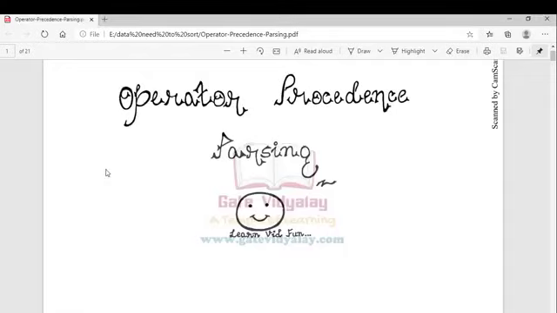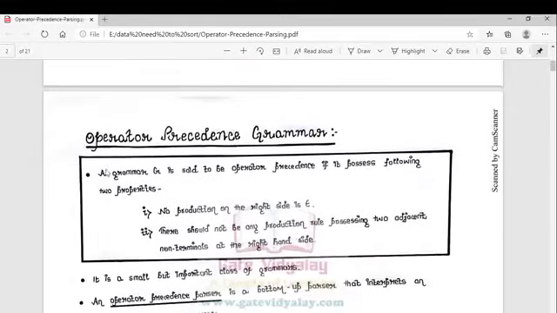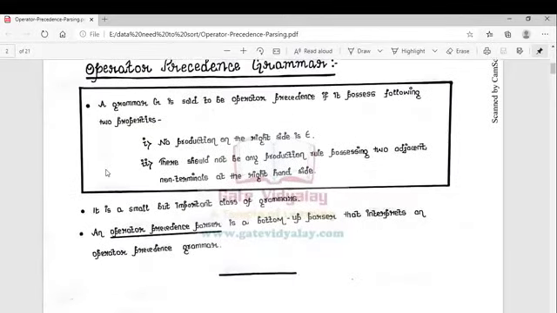Now let's start operator precedence parsing. To learn about operator precedence parsing, we have to understand what an operator precedence grammar is. A grammar G is said to be an operator precedence grammar if it possesses the following two properties.